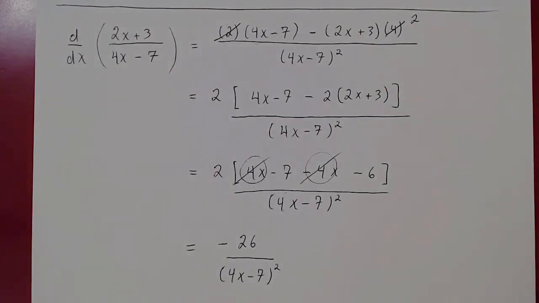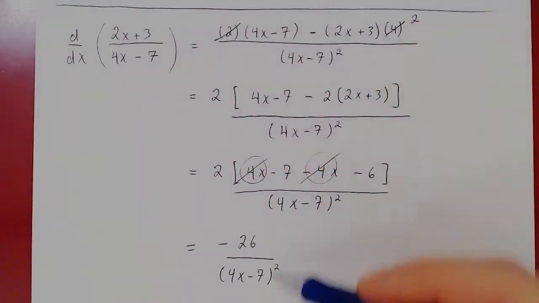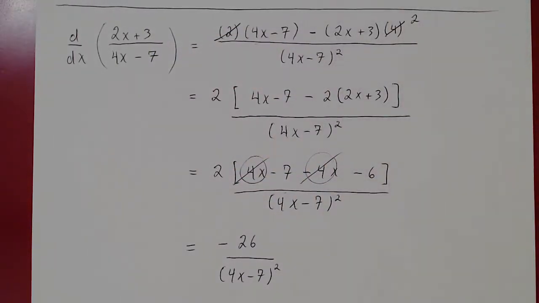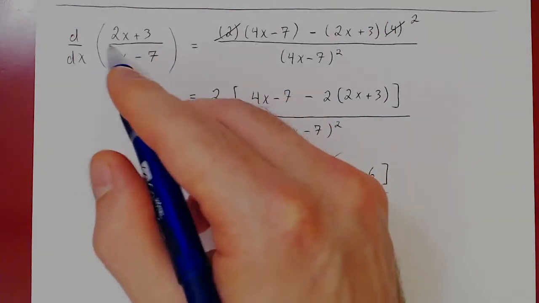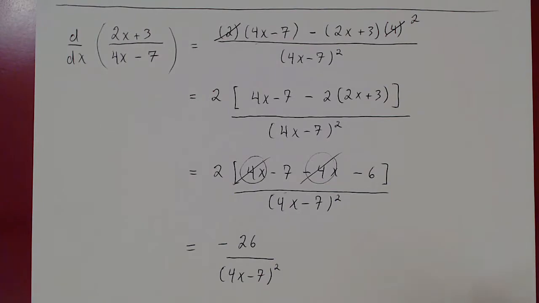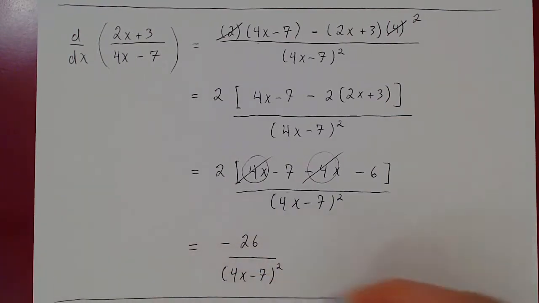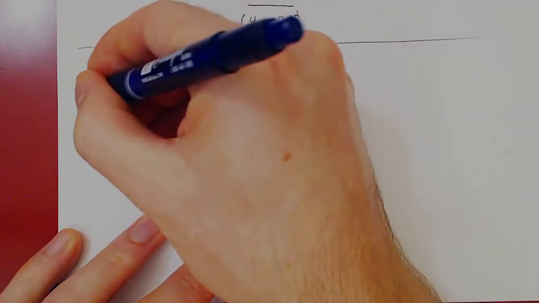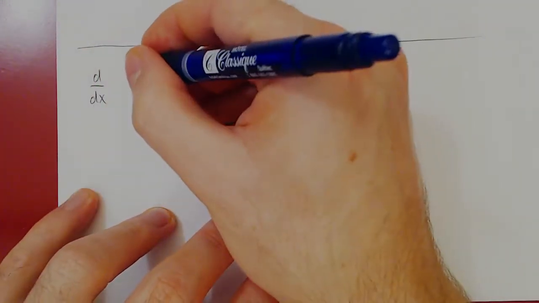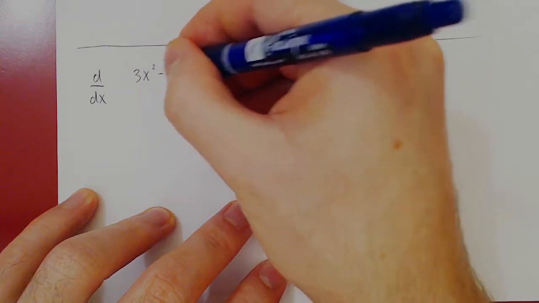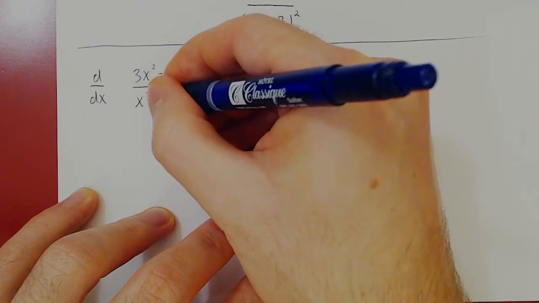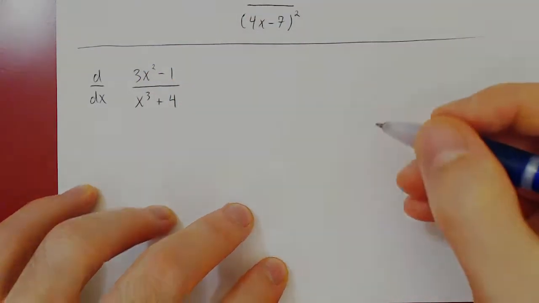And you see it's much faster with the quotient rule finding the derivative of a quotient than it would have been with the limit. Let's do one more example where we have on the top not just lines, but additional powers of x. So what if we had the derivative of, let's go with 3x squared minus 1 over x cubed plus 4.